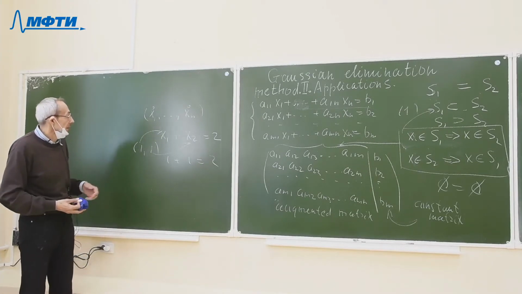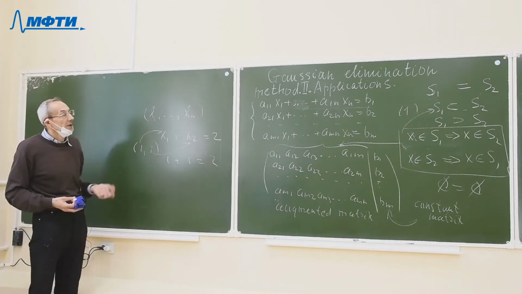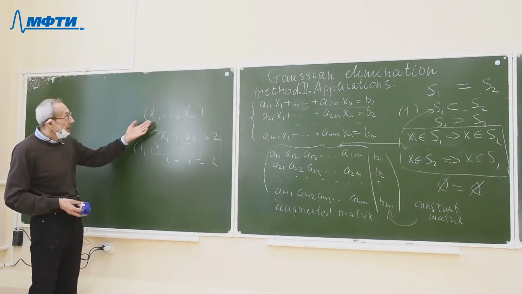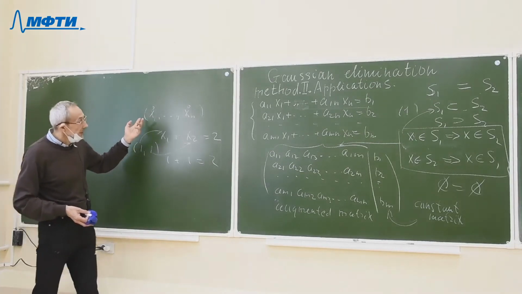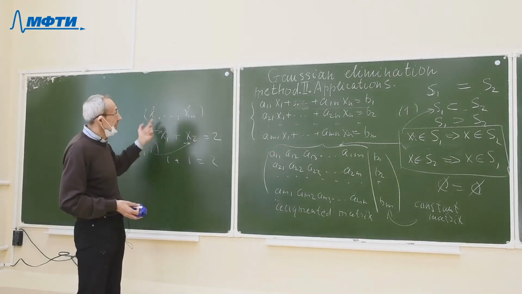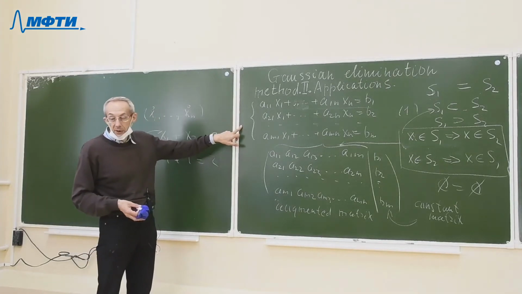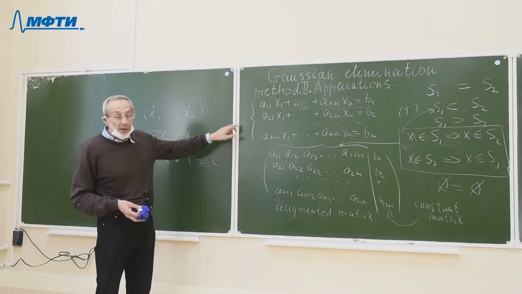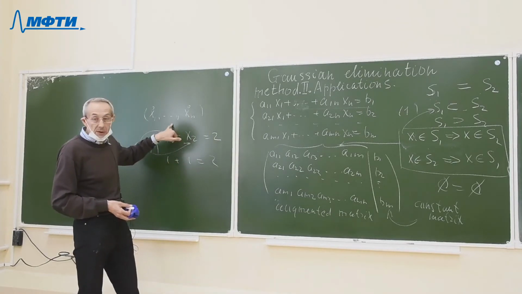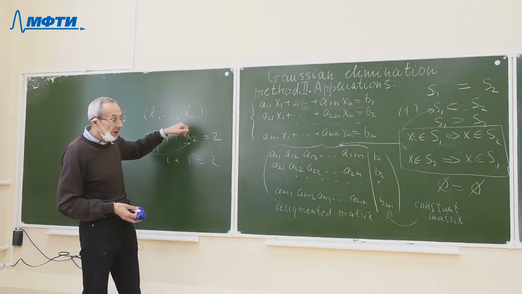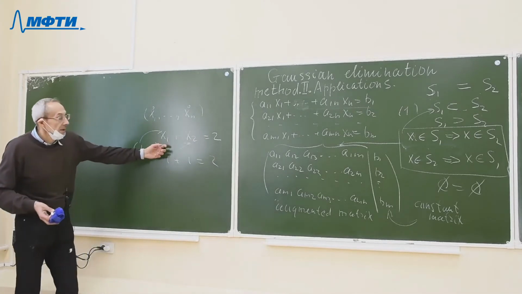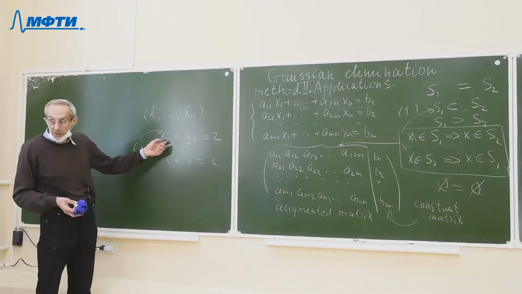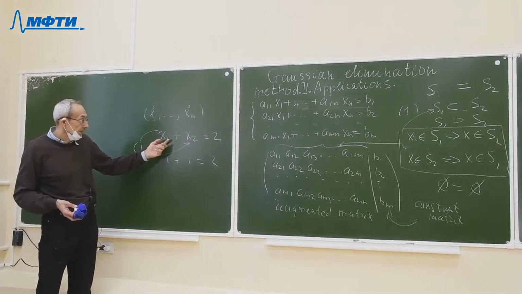And if we obtain identities after substitution in every equation, this n-tuple is called a solution of our linear system. In this case, we have infinitely many solutions, an infinite set of solutions.